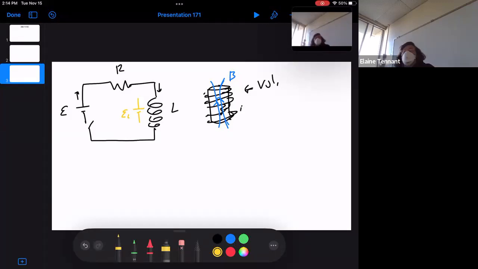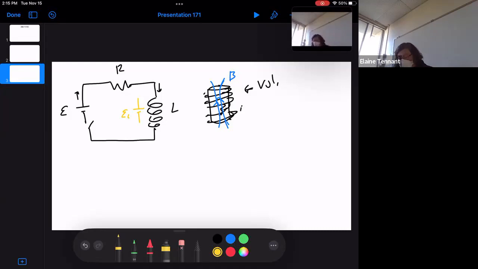And in that way, it's actually going to block the current for a short amount of time because it's acting like a battery that opposes the other battery. But will it be able to keep producing this voltage? No, right? Because this is a time-dependent thing where the longer something goes on, the less voltage you're going to see out of it.